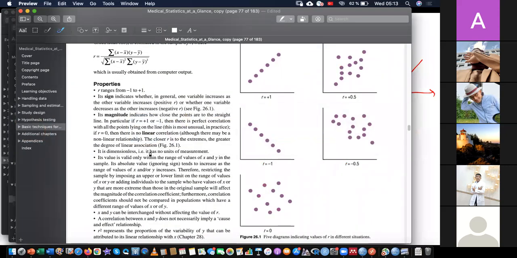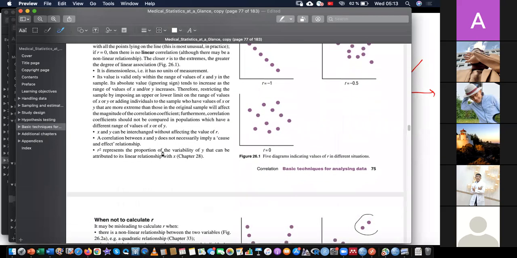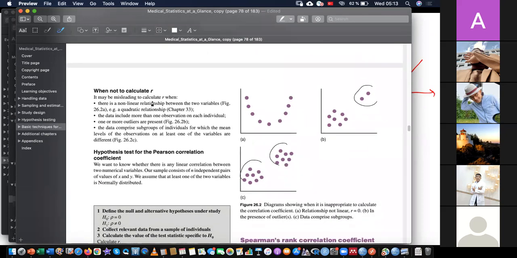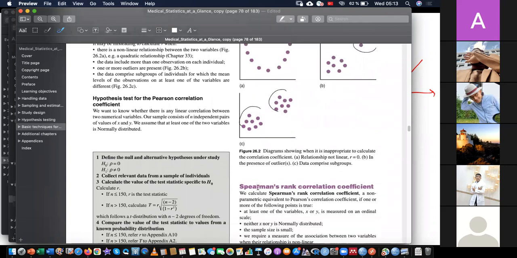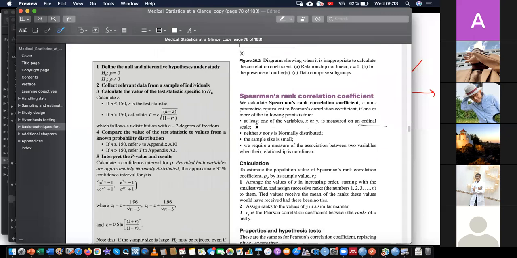Okay, so if I have two numerical data, then I can go and calculate the Pearson correlation. But if at least one variable or both are ordinal, they are not normally distributed, the sample size is small, these are all the assumptions of the parametric tests, then I go and calculate the Spearman rank correlation.